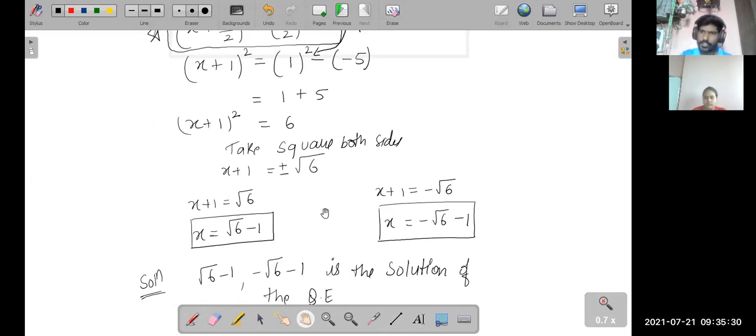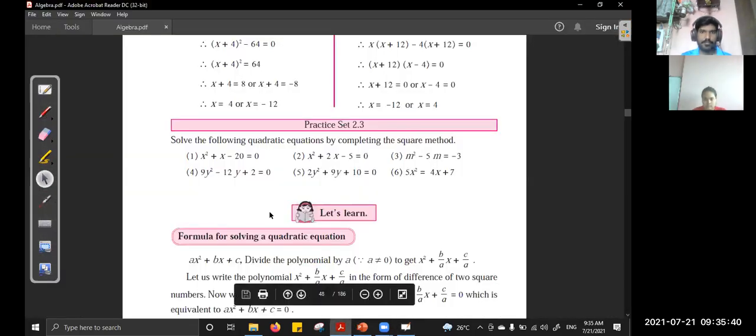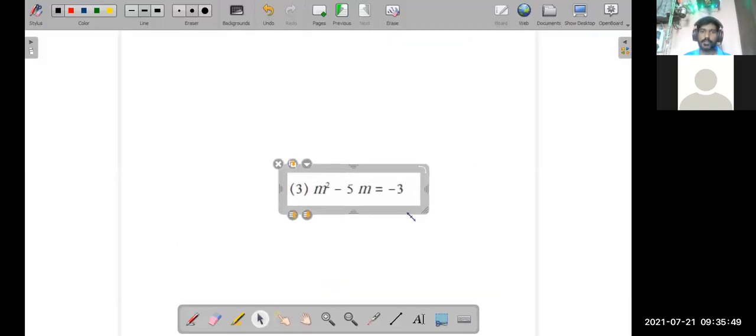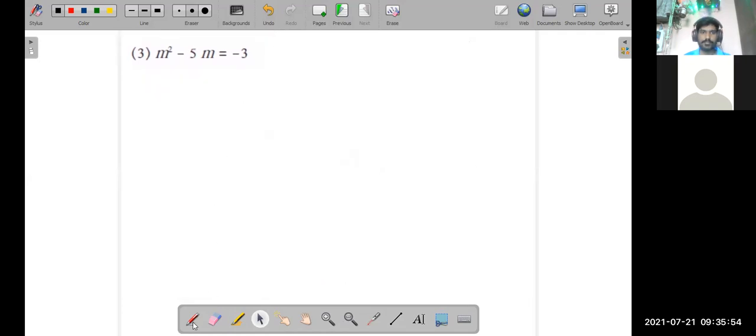You finished the entire sum? Okay, now can you try the third one? So this will become m square minus 5m plus 3 equal to 0.